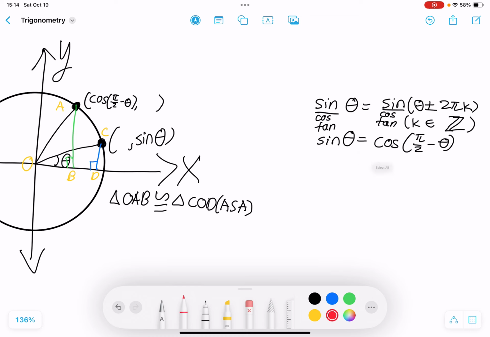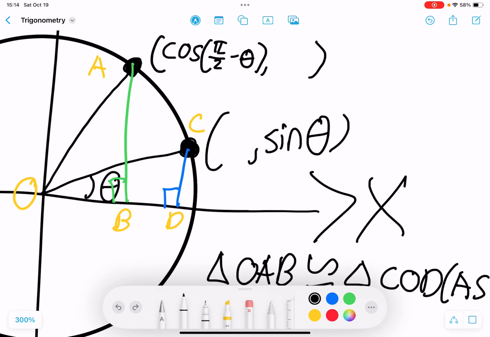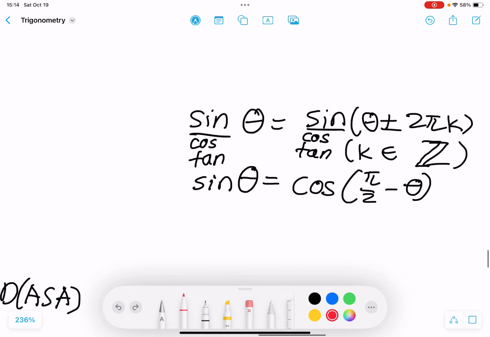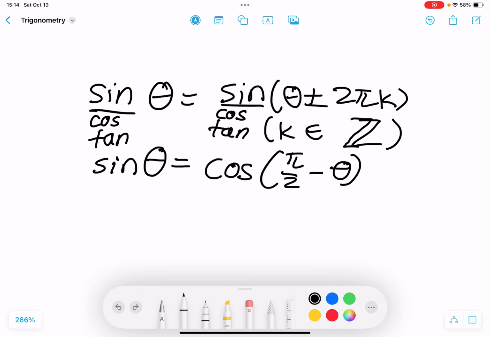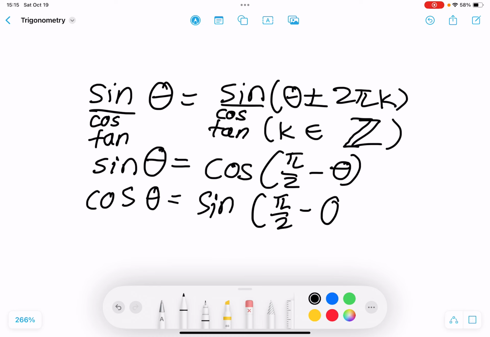Okay, so what this is telling us is that cosine theta, the x coordinate OD, is equal to the y coordinate AB. So this is supposed to be sine of pi over 2 minus theta. So basically, cosine theta also equals sine of pi over 2 minus theta.